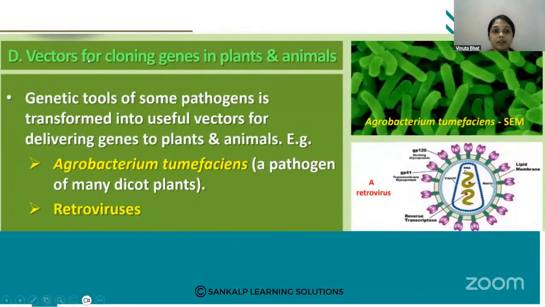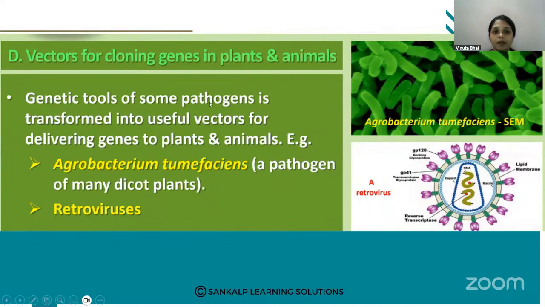So today, how vectors are used for cloning genes in plants and animals. Here, genetic tools of some pathogens are transformed into useful vectors for delivering genes to plants and animals.